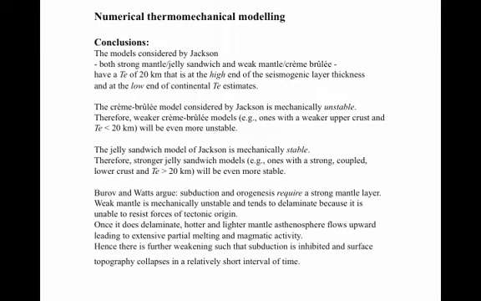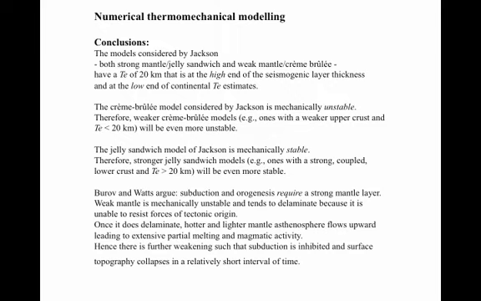In the models, Burov and Watts argue that subduction and orogenesis require this strong mantle layer, that the weak mantle is mechanically unstable and tends to delaminate because it's unable to resist the forces of tectonic origin. So the creme brulee model isn't stable. Once it does delaminate, the hotter and lighter mantle asthenosphere flows up, leading to widespread partial melting and magmatic activity.